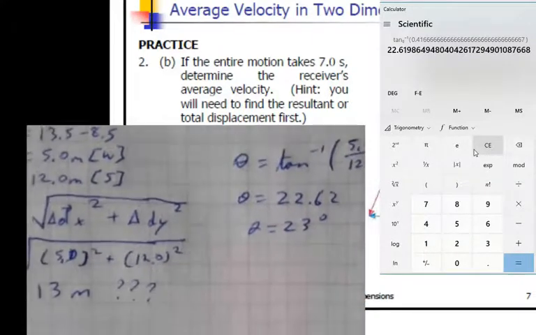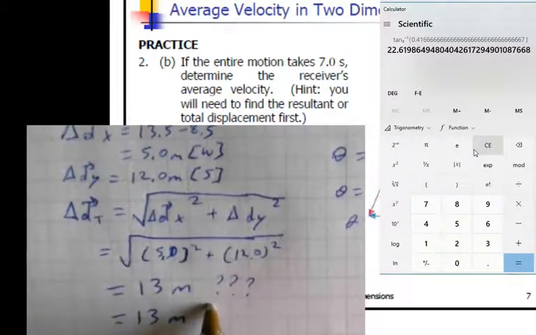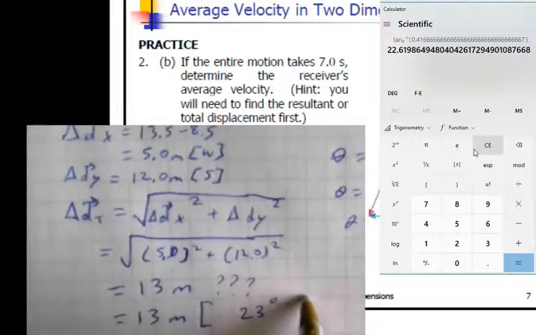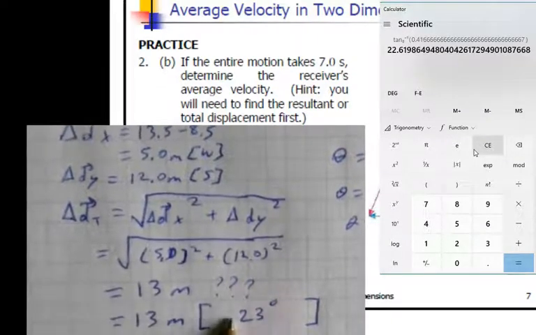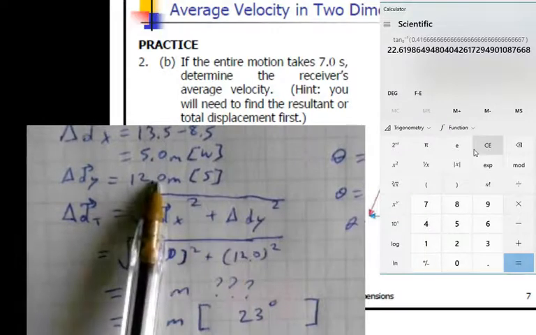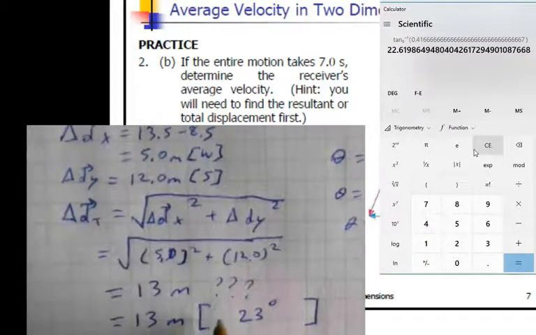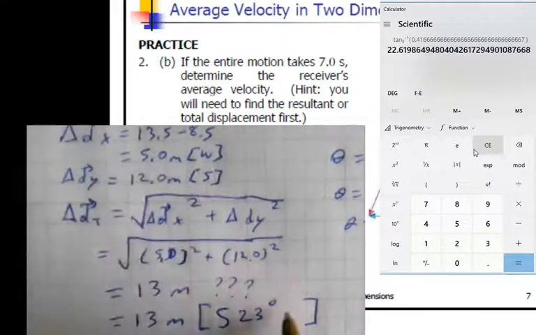Now I can go back to my solution here and write my direction. 13 meters, 23 degrees. But how do I write where this is going? Well, if it's gone 12 meters south, then I'm going generally towards the south. I make a 23-degree turn towards the west, and I travel that additional 5.